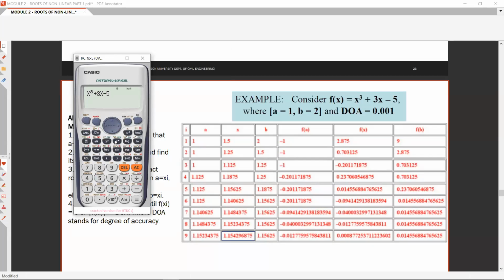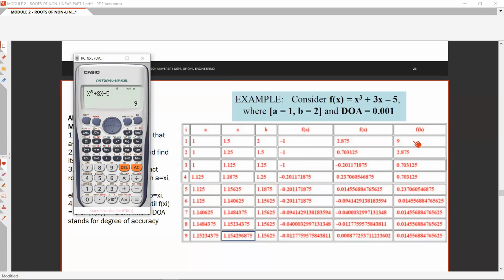So plug in mo yung 1, so solve mo sa 1, you have negative 1. Plug in mo yung 1.5, you have 2.875. Plug in mo yung 2, you have 9.